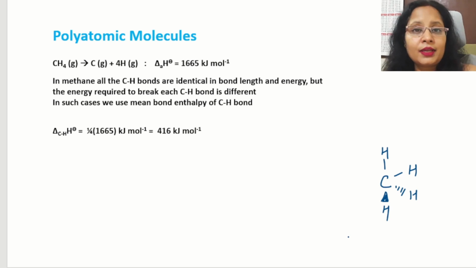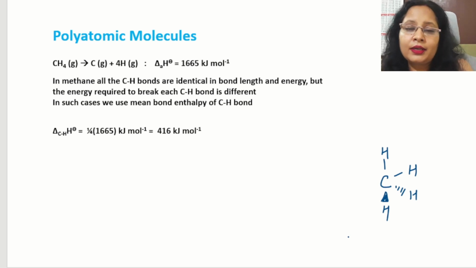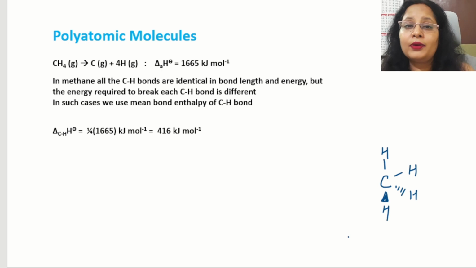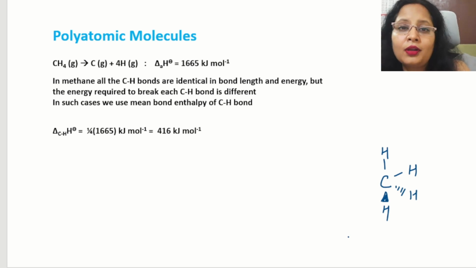Why? The reason is that carbon holds all the 4 hydrogens with equal strength. When we manage to bring 1 hydrogen out, what happens? Carbon puts more effort into holding the rest of the 3 hydrogens. It holds with more energy now.